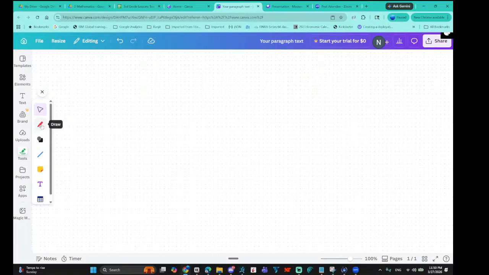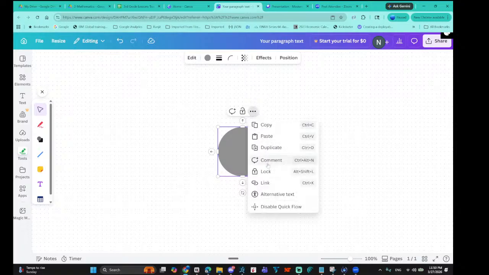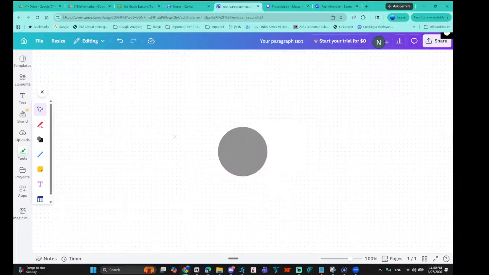Okay, so we have our circle. Imagine this circle as one box which has 6 cookies.